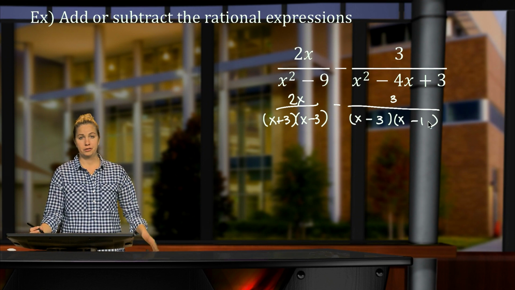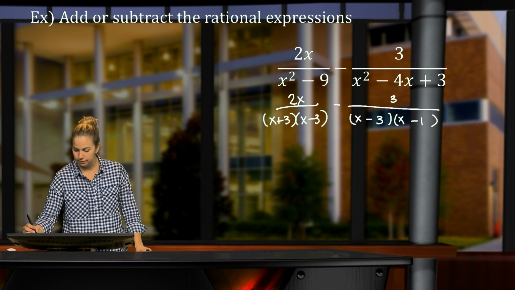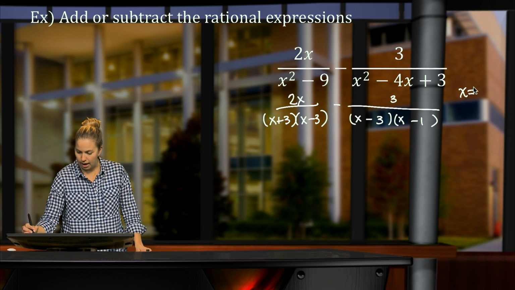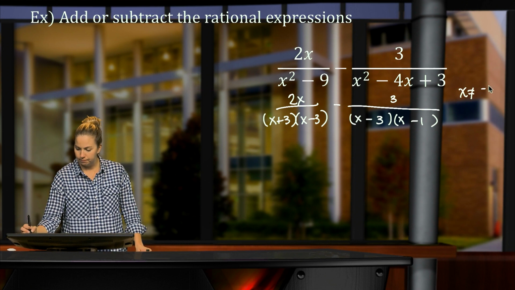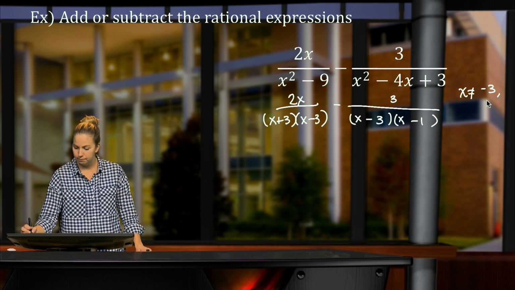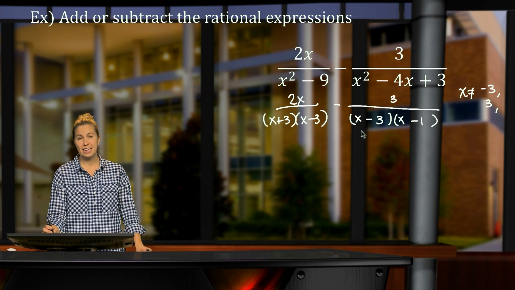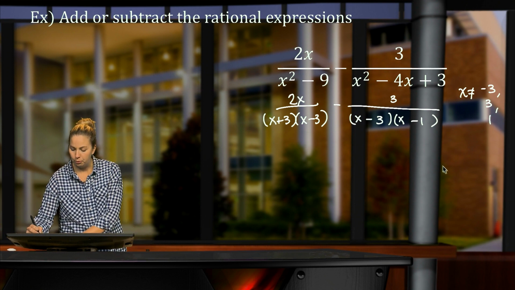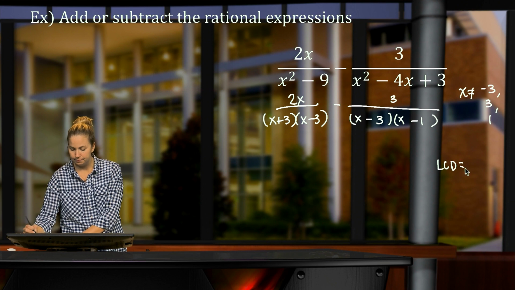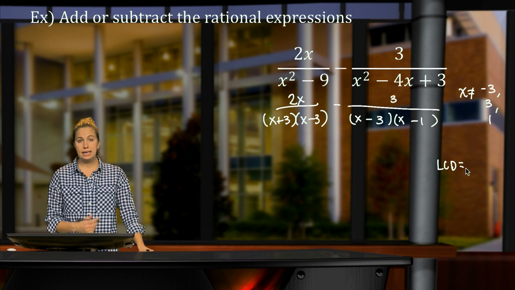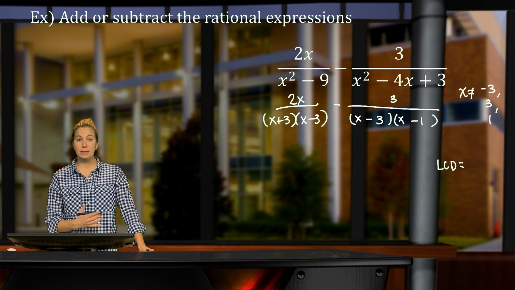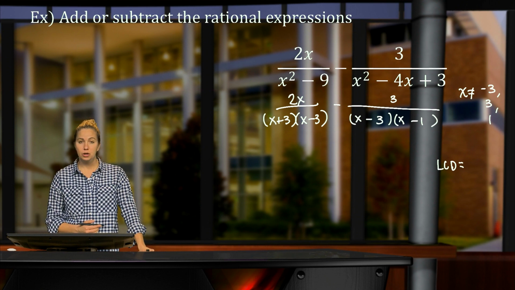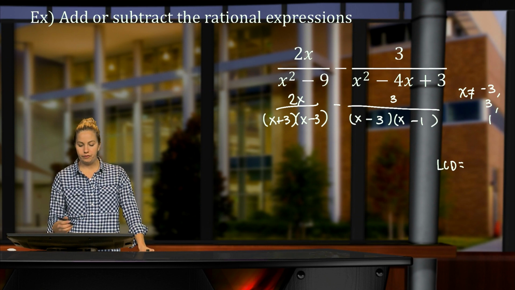Now that our denominators are factored, we state our restrictions. X cannot equal negative 3, positive 3. Here's another positive 3. We don't need to restate it. And also positive 1. And now we will figure out what our LCD is. Our LCD, again, is an expression that every denominator needs to divide evenly into, or it's the product of our different factors.